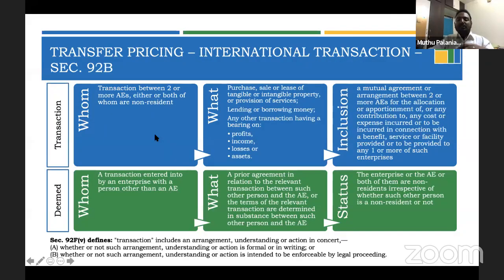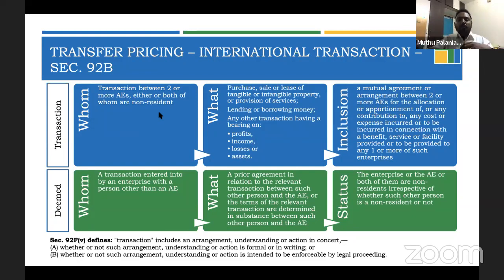So such a transaction between two or more associated enterprises, where either or both are non-resident. We already spoke about the type of transactions. Also, cost allocation and reimbursement of charges is an international transaction, not necessarily between two associated enterprises.